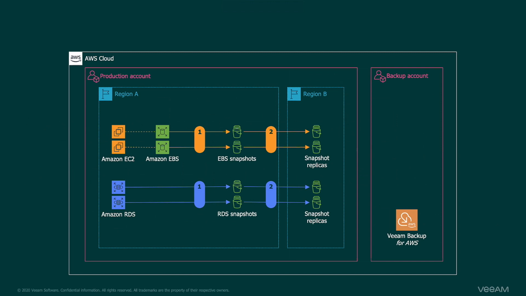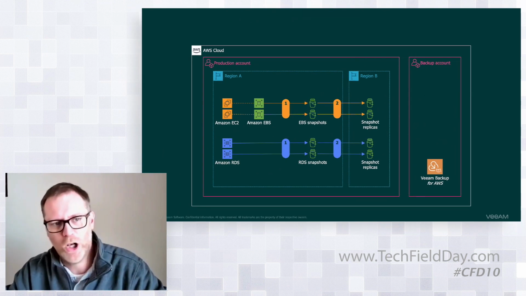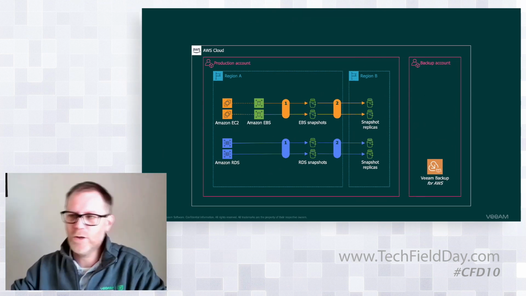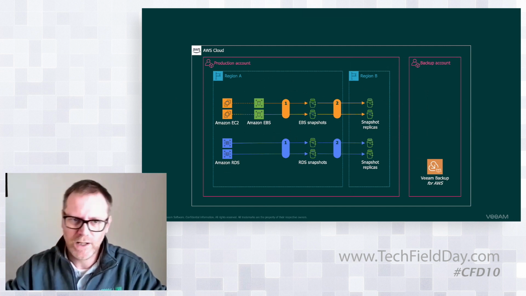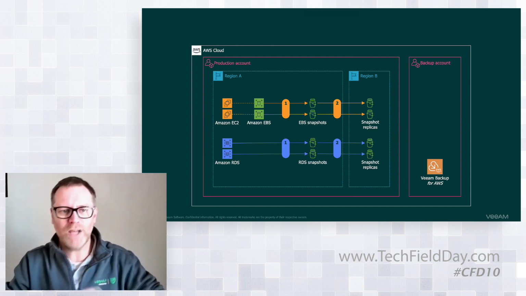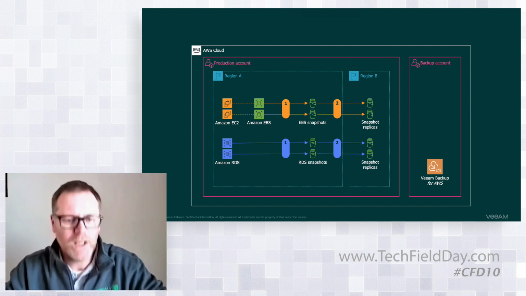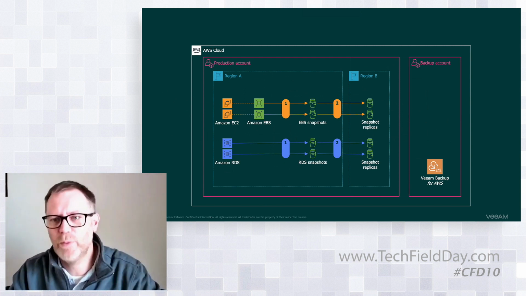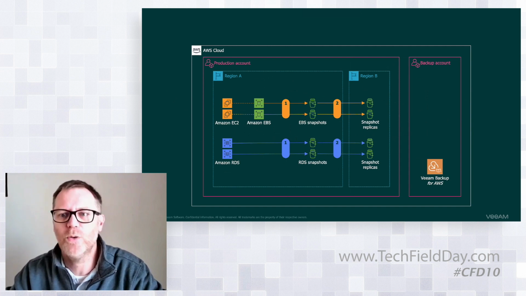Think about the best practice of the 3-2-1 rule: 3 copies of your data across 2 media types with at least 1 off-site. Snapshot replicas are one way to meet it. You can have a workload running in Oregon, replicate it to London, and then even offload it to object storage in another region. There are a number of ways to set this up, all supported through multiple AWS accounts or Google projects.